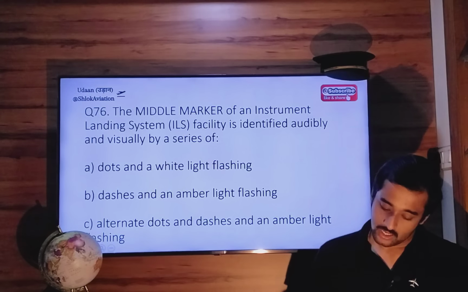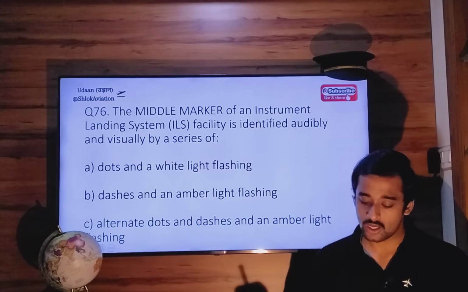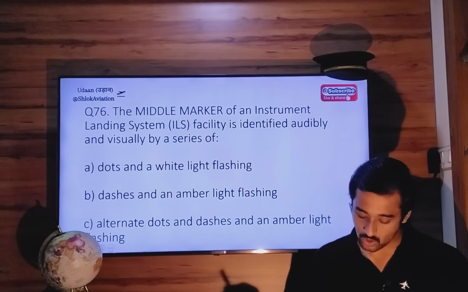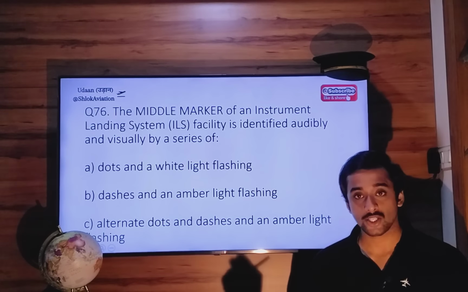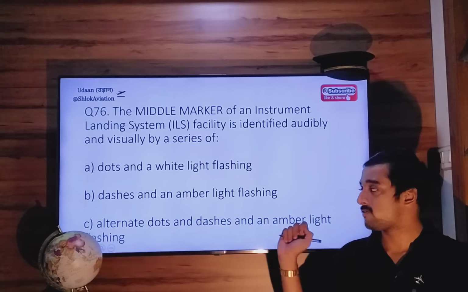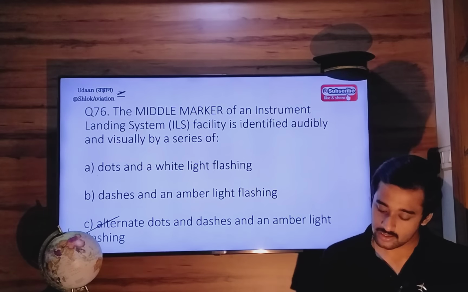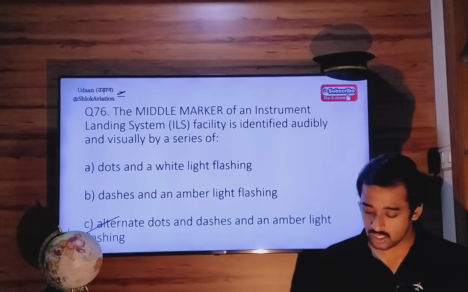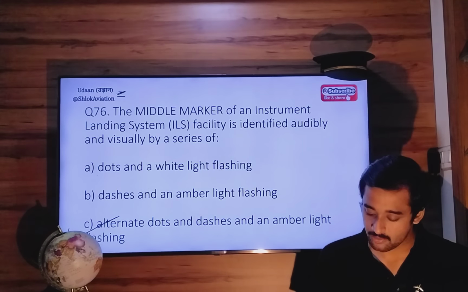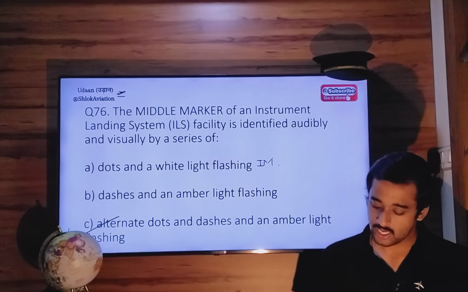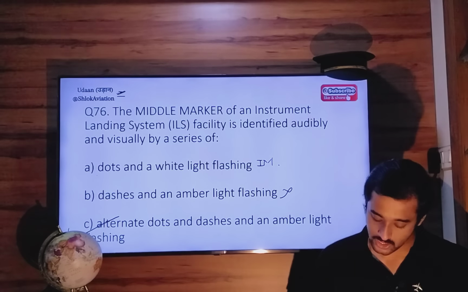So the middle marker is identified audibly and visually by a series of alternate dots and dashes and an amber light flashing. So option Charlie. Dots and white light belongs to the inner marker. Dashes and amber light, we do not have this combination.